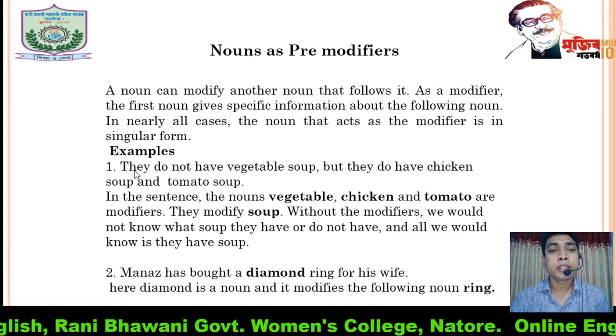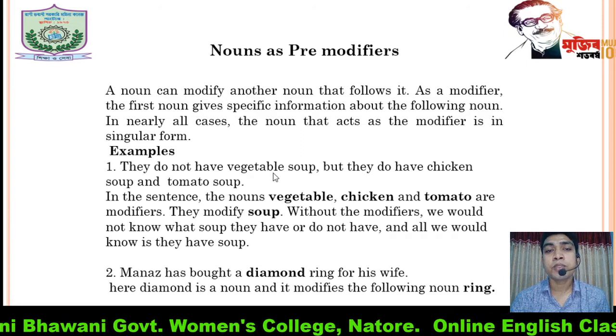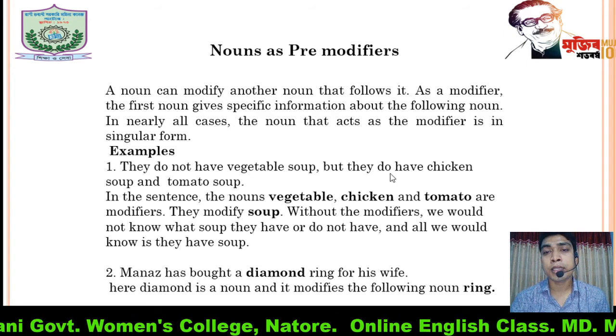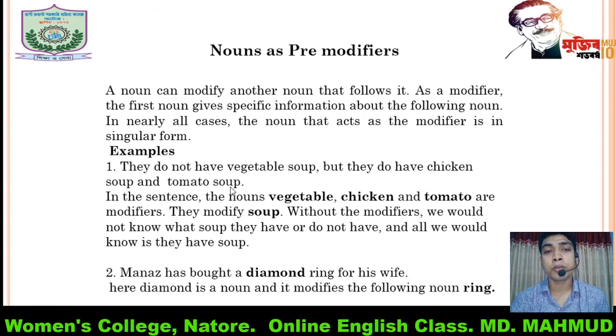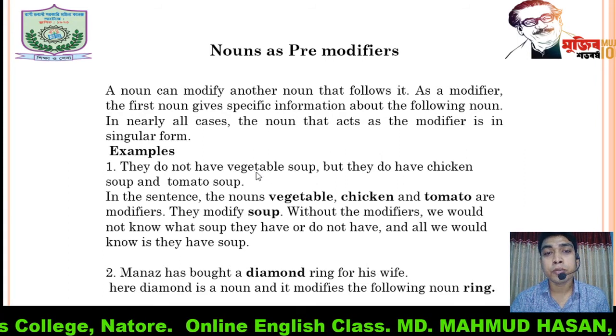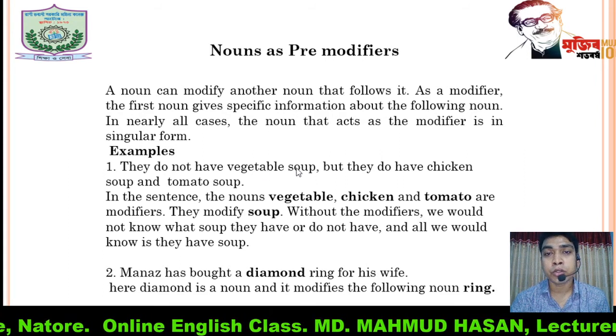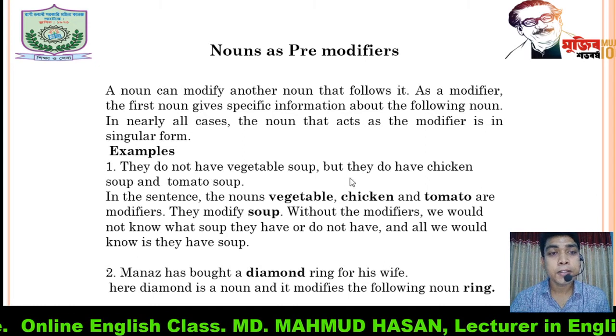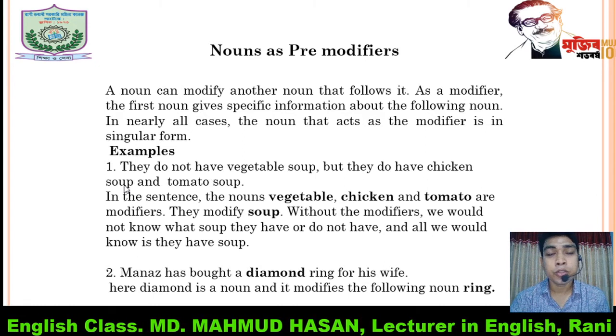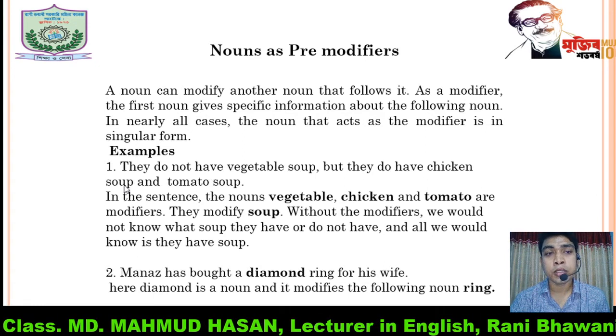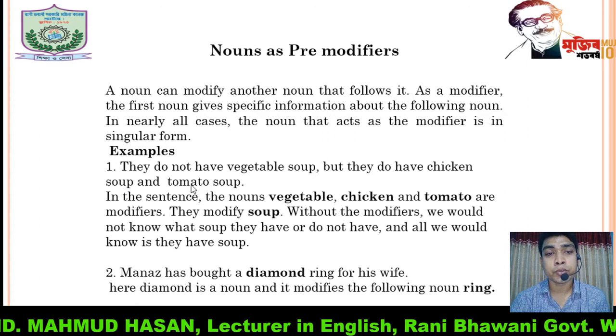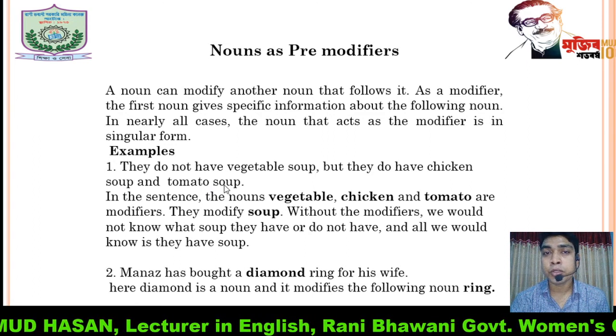Actually, in the example, they do not have vegetable soup, but they do have chicken soup and tomato soup. Vegetable soup, vegetable is a noun, soup is also a noun. Chicken soup, chicken is a noun, soup is another noun. Tomato soup, tomato is a noun, soup is also a noun.